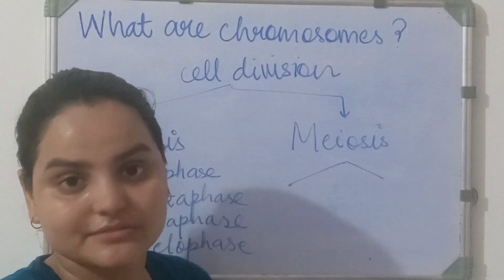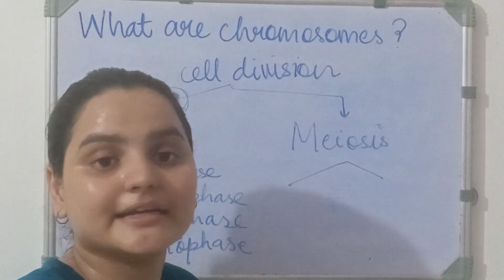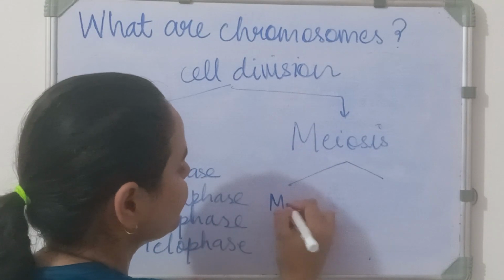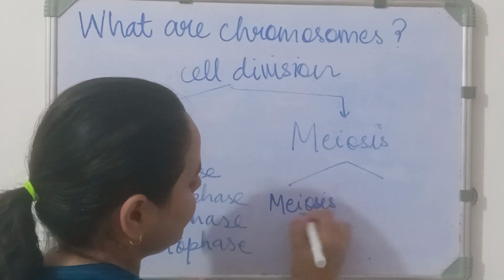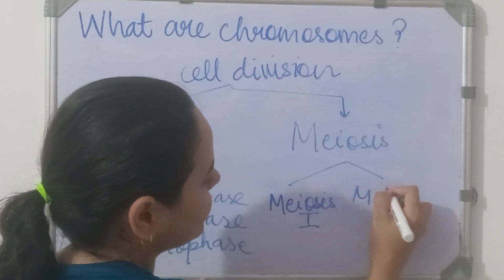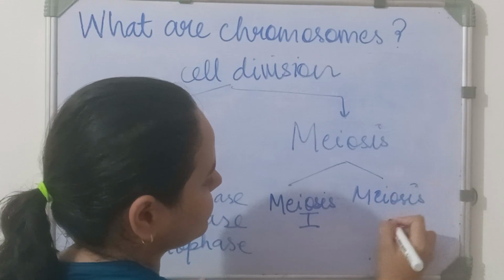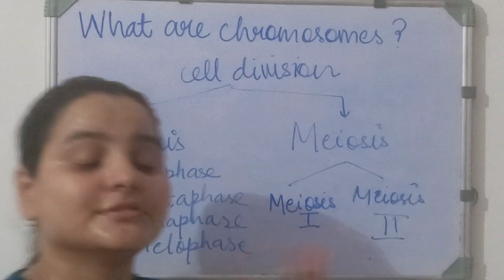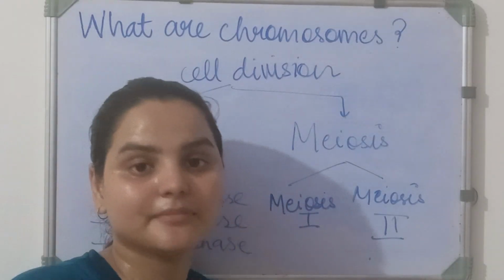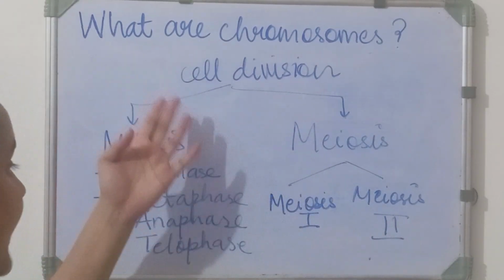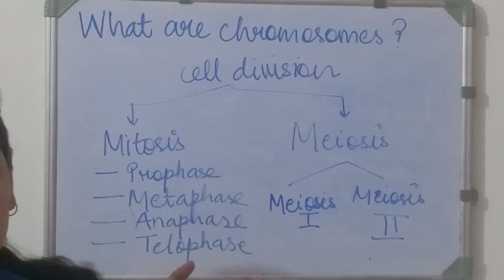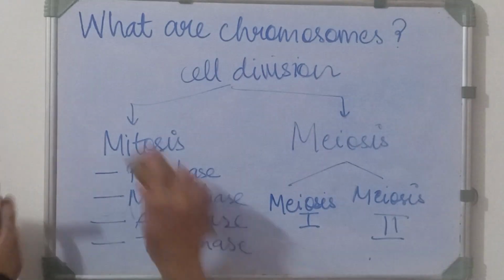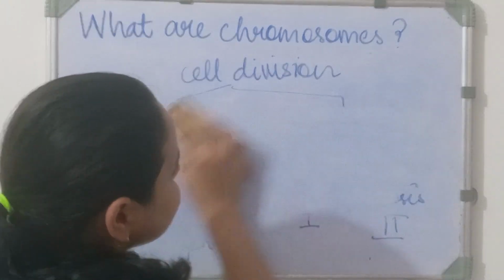The substages are not within the scope of your syllabus. So the way we observe the prophase stage under the microscope, similarly you may observe any of these stages. The cell may be at any of these stages. This was just a small hint.